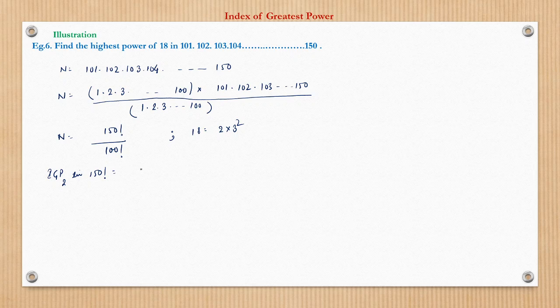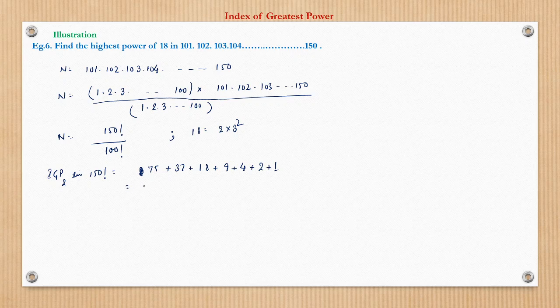So it will be nothing but 150 by 2 is 75. 75 by 2 will be 37. 37 by 2 will be 18. 18 by 2 will be 9. 9 by 2 will be 4. 4 by 2 will be 2. 2 by 2 will be 1.